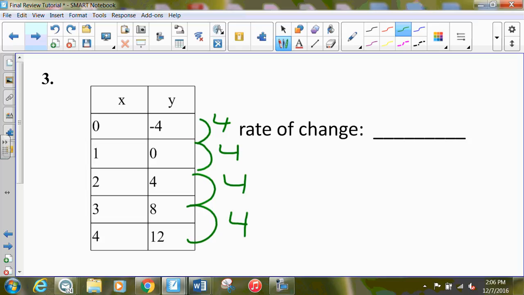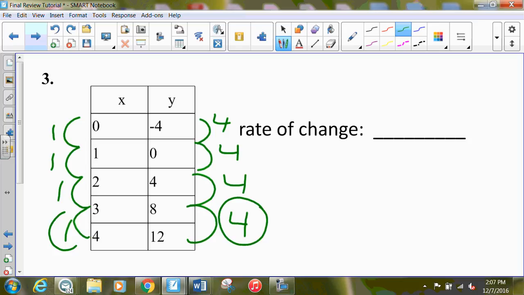But wait a minute, we have to make sure that the x's are changing like we want them to change. So let's look at them. 4 minus 3 is 1, 3 minus 1 is 1. All right, this is looking good, right? Because the rate of change really is the change in y over the change in x. So my slope, my rate of change is 4/1. Of course, we can write it as 4.